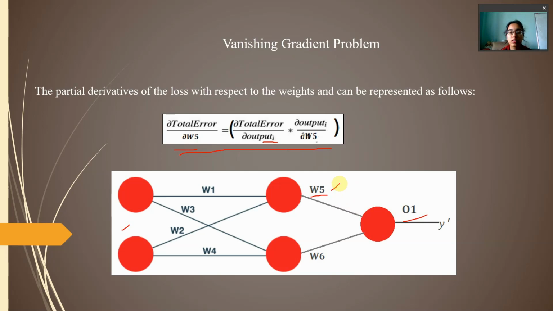Suppose I am considering it as 25. So let us suppose that the weight W5 is initialized to 25, and minus eta, suppose the learning rate is 1, and the value for this derivative term I have calculated is 0.004.